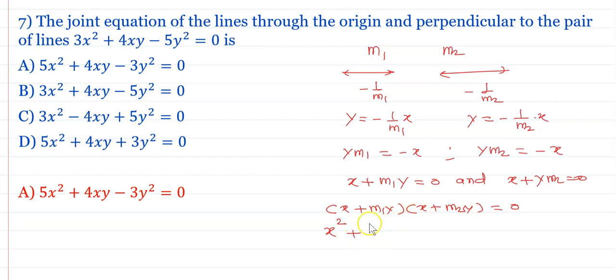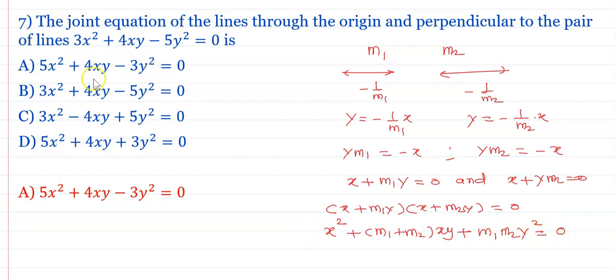If we take xy as common, then m1 plus m2 in brackets into xy, and the product of the last terms, m1 into m2 into y square, equal to 0.